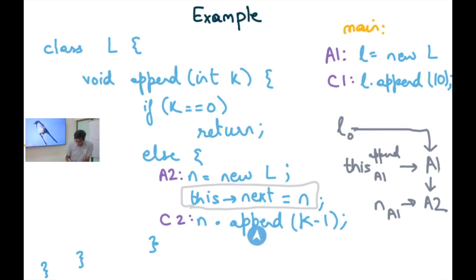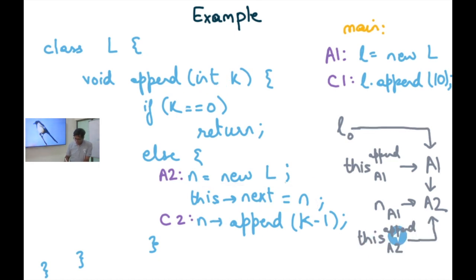So append is being called this time in the context of n, and n is pointing to A2. So append will now be called under the context A2. So I say this append A2 will point to whatever n is pointing to, so that's going to point to A2 by virtue of this dispatch from C2 to itself, the recursive call.